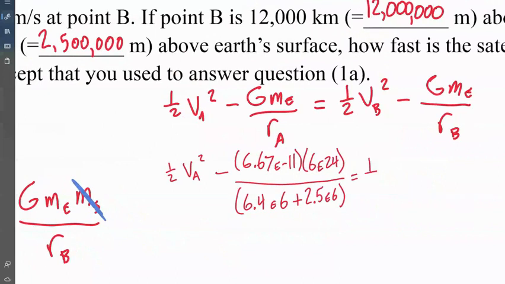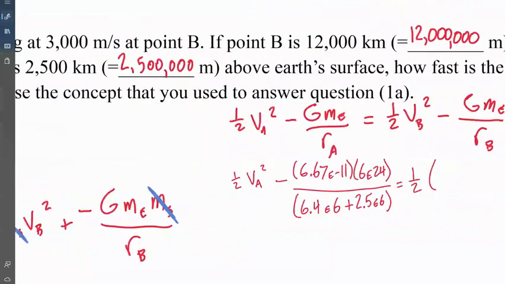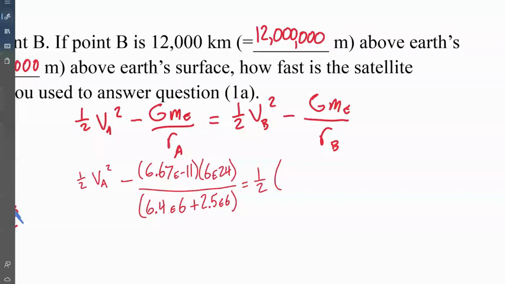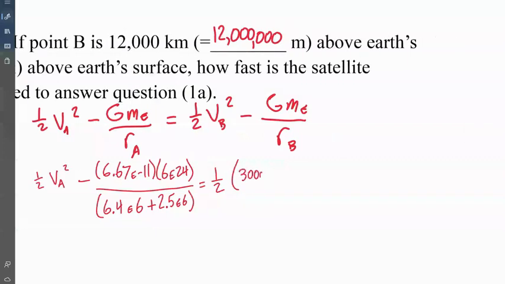Okay, equals 1/2 velocity of B. I tell you that it is moving at 3,000 meters per second at point B. 3,000 squared minus, and then G is 6.67 times 10 to the minus 11.